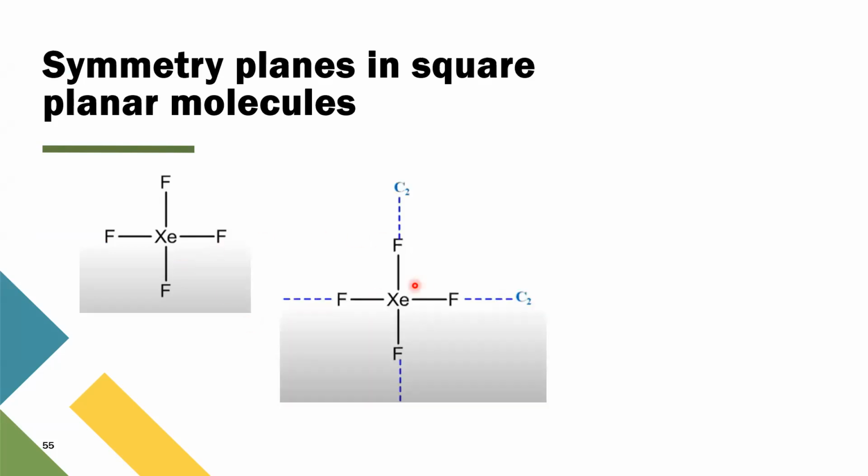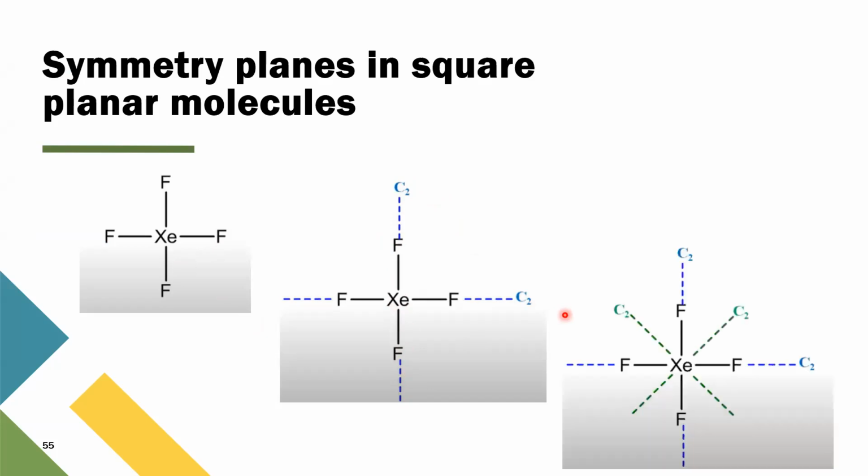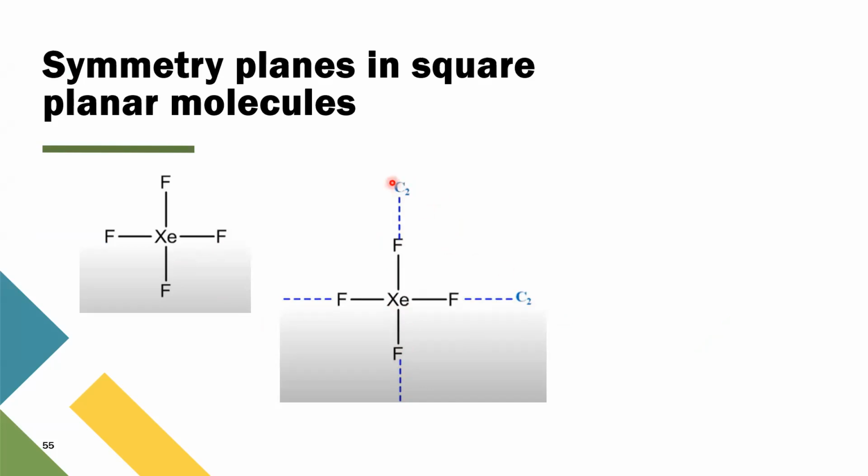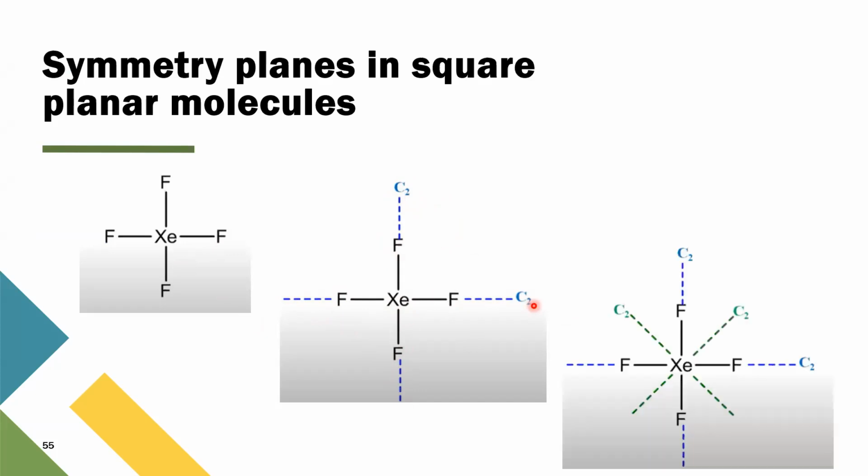Very good. Along the XeF bond, we have a C2 axis. So along this we have a C2 axis and also we have mirror planes along this C2 axis, right?